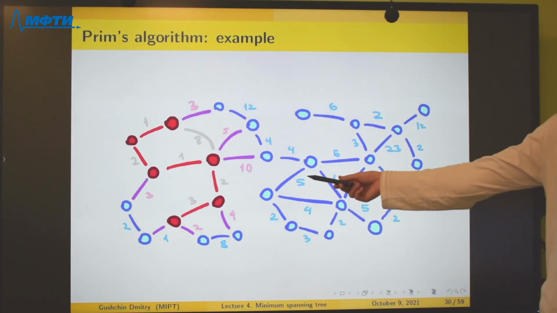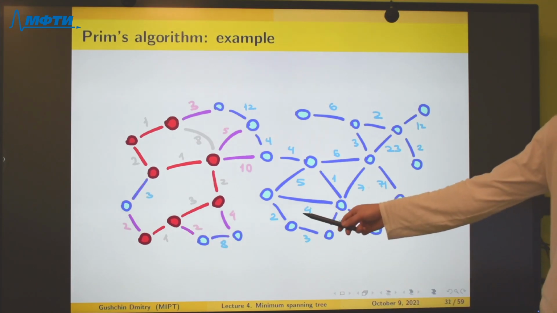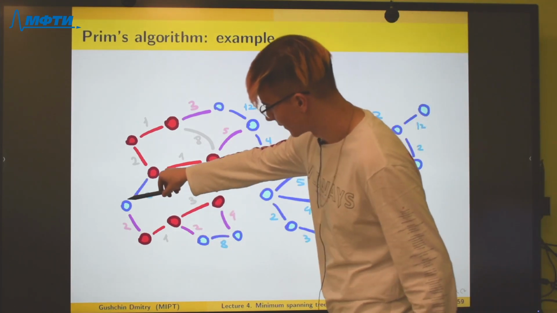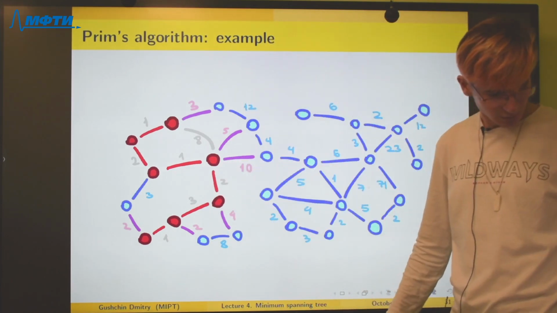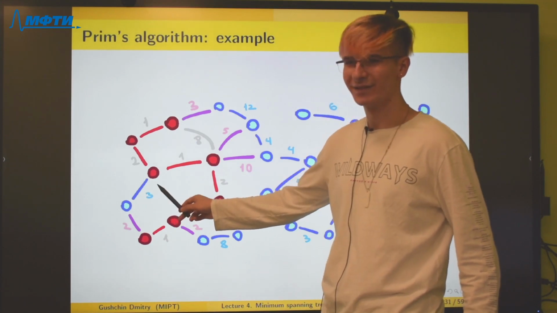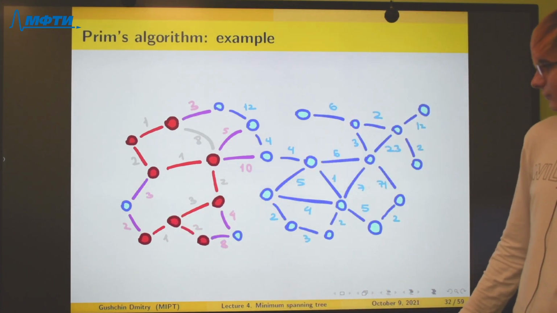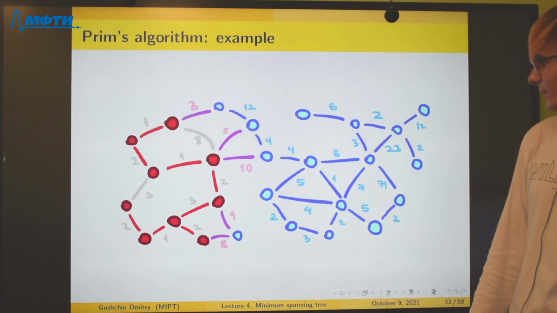So I choose this one. Yeah, and we can add this or this. And of course, I need to color this. I forgot it. Then add this.